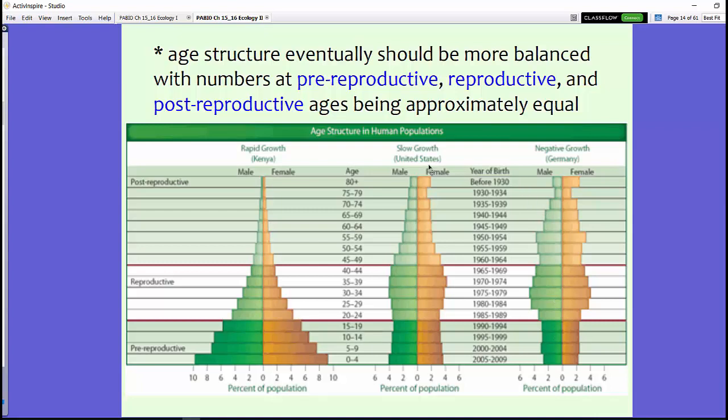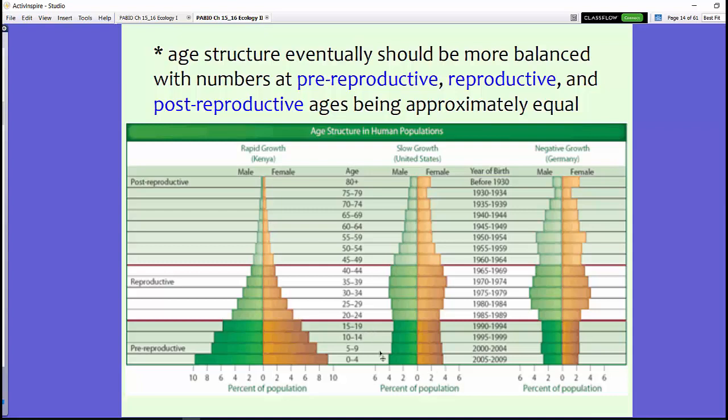This particular one here in the middle, this is us in the United States. Notice that there is a slow growth, meaning that everything is almost equal. It's not going slow or fast one way or another.